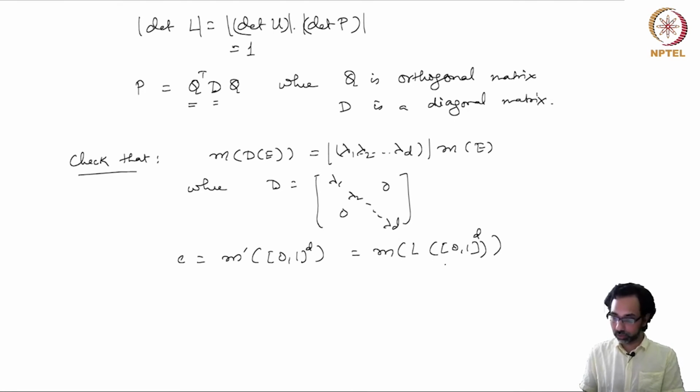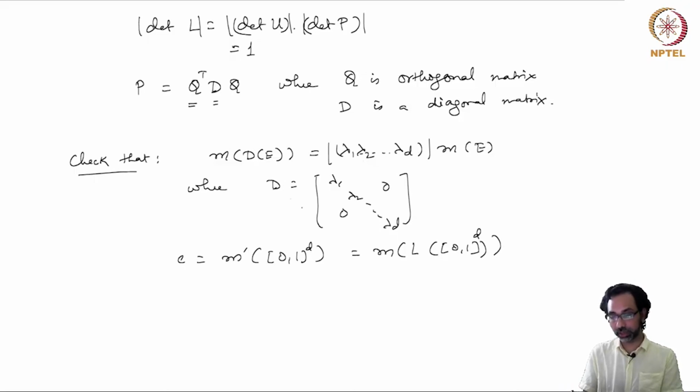So it's quite easy to compute the measure in case D is the diagonal matrix lambda 1, lambda 2 up to lambda D, because it will scale each coordinate with the lambda i's. So then we will have the modulus of the product lambda 1, lambda 2 up to lambda D. It will still be a box.